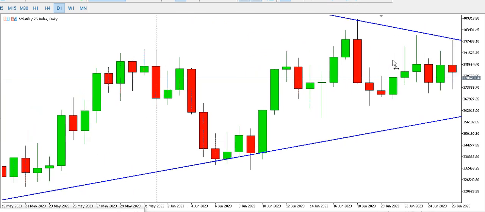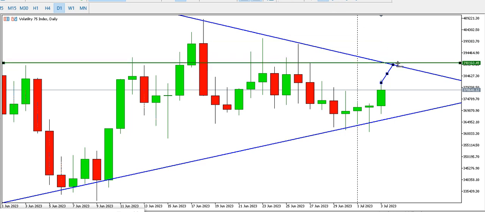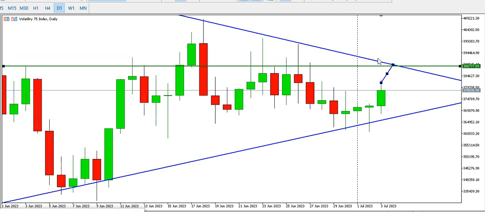I'm talking about the 388700 level. Looking at what has happened for yesterday's candlestick, where we have this pin bar with a very long shadow breaking downwards towards the lower part of the range, and we can see what has happened today.